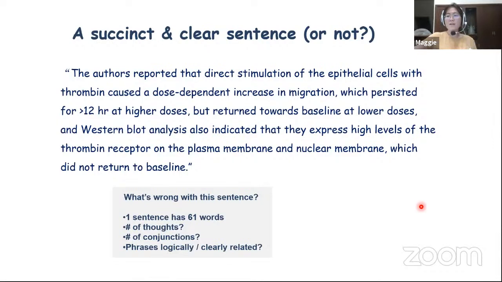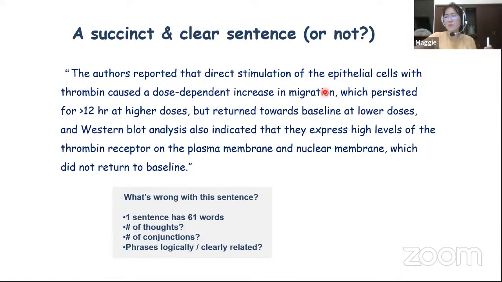Let's read. First, the authors reported that direct stimulation of the epithelial cells with thrombin caused a dose-dependent increase in migration. So here it says the target cells are the epithelial cells. The authors give a direct stimulation with thrombin and then it causes a dose-dependent increase in migration. That's one thought, right?